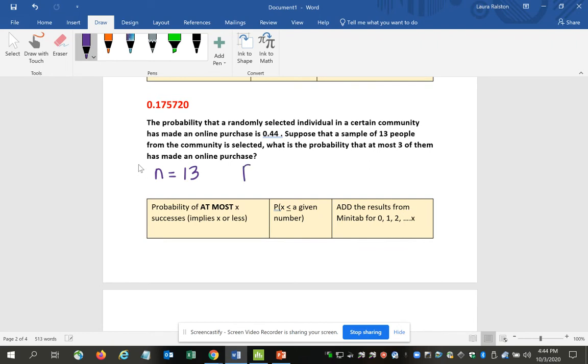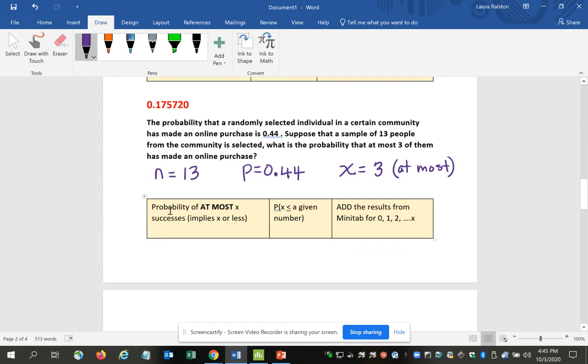We need the probability of a success. The probability of a success here is that they've made an online purchase, and that probability is stated as 0.44. And then what are we looking for? It says, what is the probability of at most 3? So my value for X is 3, but we have at most.